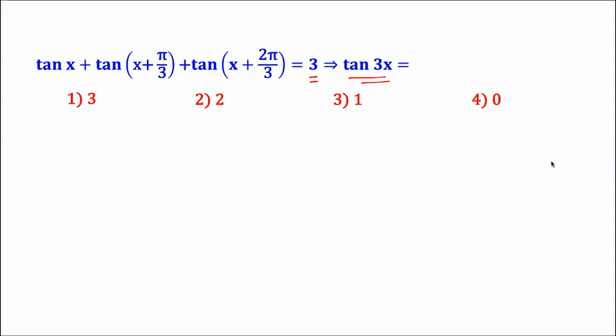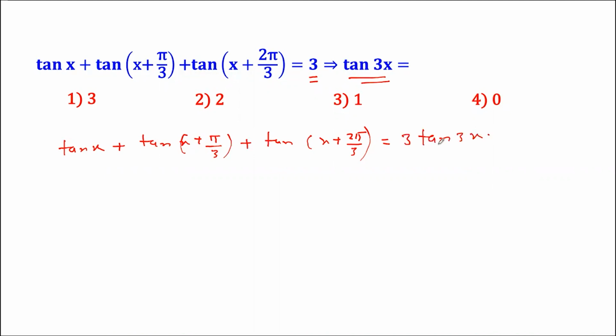So this is tan x plus tan of x plus pi by 3 plus tan of x plus 2 pi by 3. You have to remember this formula for x plus pi by 3 and x plus 2 pi by 3. This is equal to 3 tan 3x.